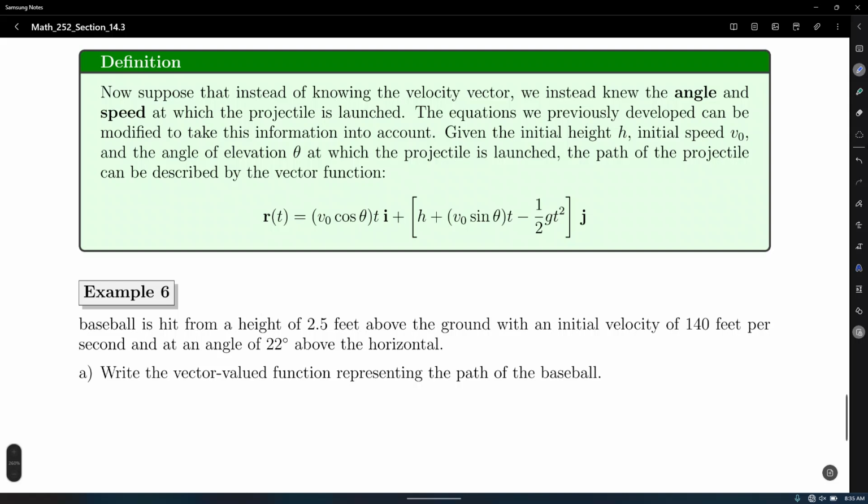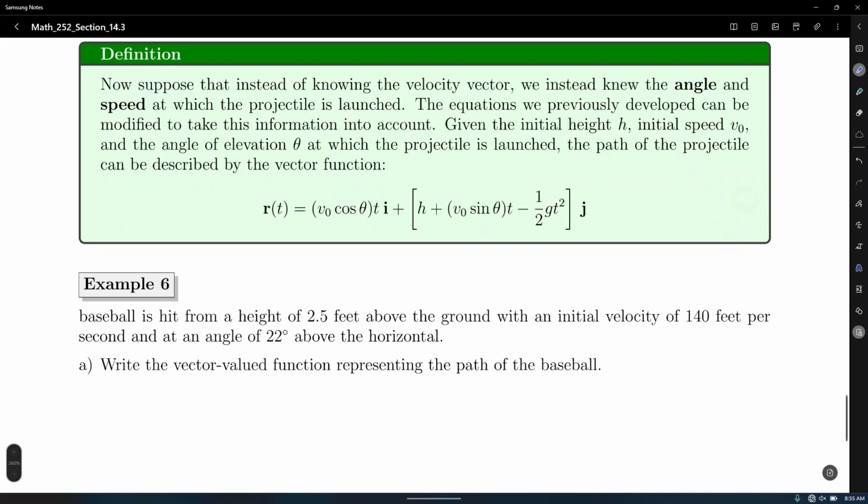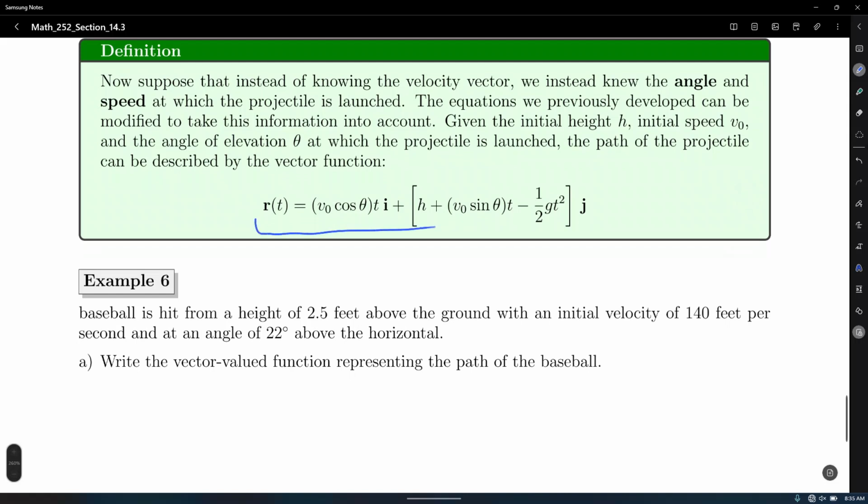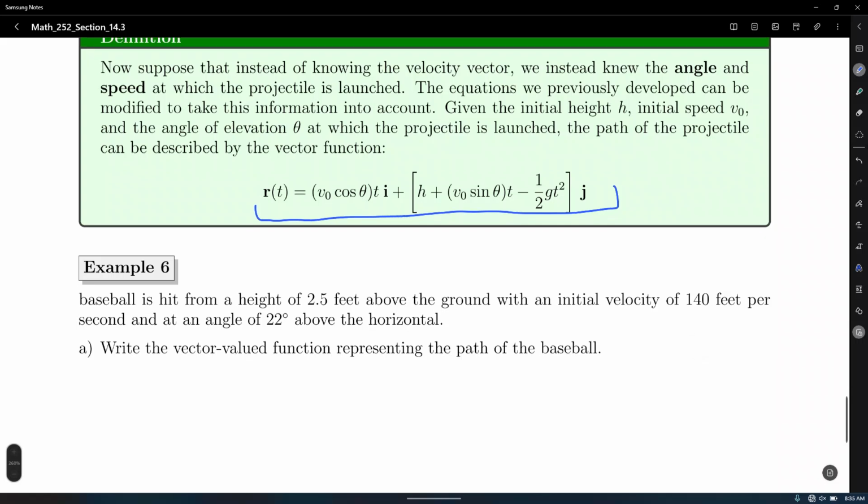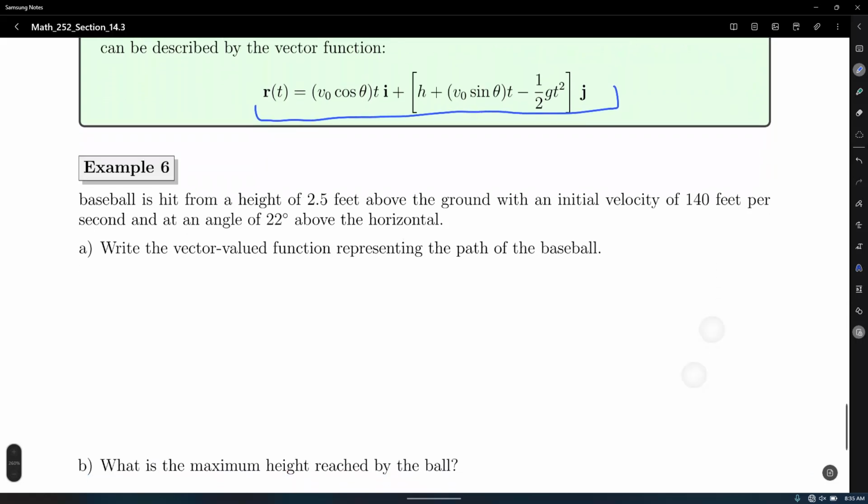Modifying this equation using trigonometry gives us this equation right here in vector form, where the i component is the x displacement and the j component is the y displacement. It works the same way, it's just the way this equation is presented. Let's have a look at one example to see this formula in action.